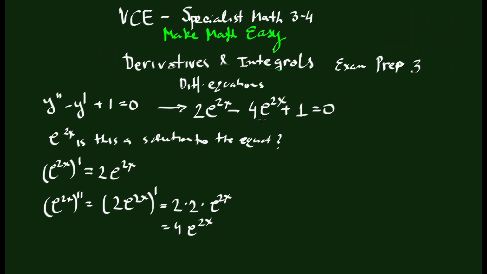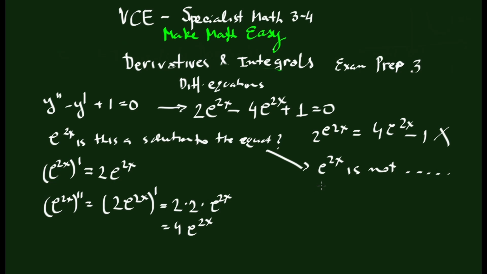That's obviously not a solution, because 2e to the power 2x equals 4e to the power 2x minus 1 is obviously not true. So the answer is e to the 2x is not a solution to this equation.